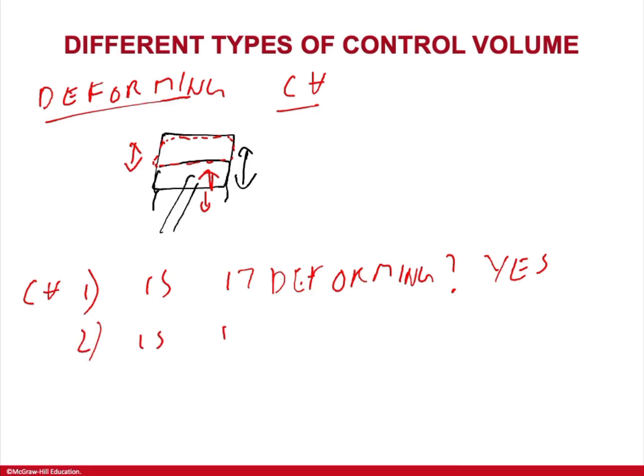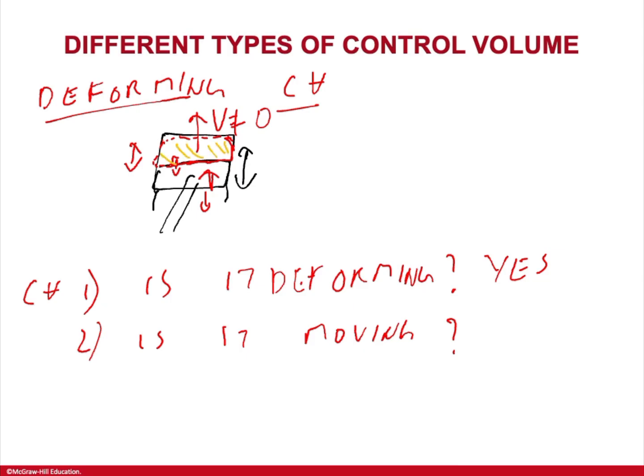Is it moving? You have to be mindful that when we say moving, we are talking about the whole volume moving with a certain velocity. So is there a certain velocity to the whole volume? And the answer to that is no. So make a distinction between just the boundaries moving. This boundary here is going up and down, but that is deforming, while the whole volume in itself is not displaced or going anywhere.